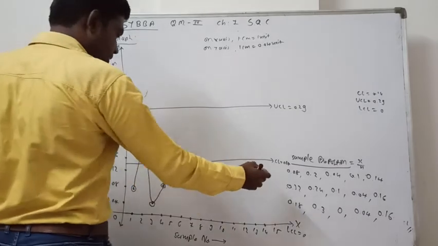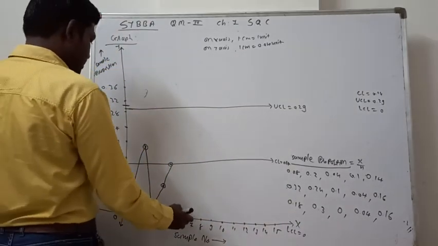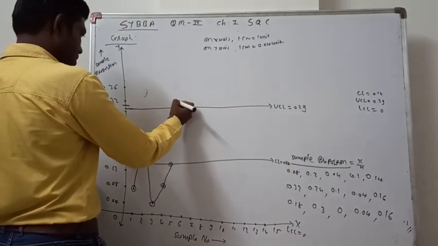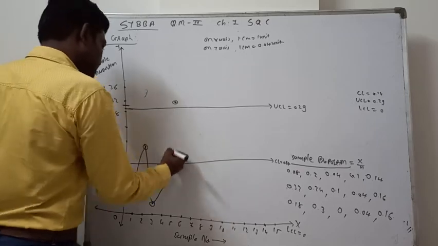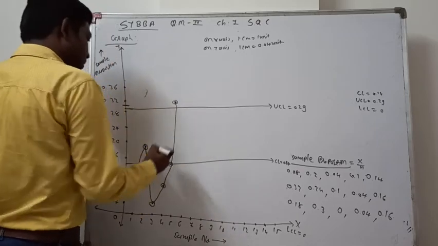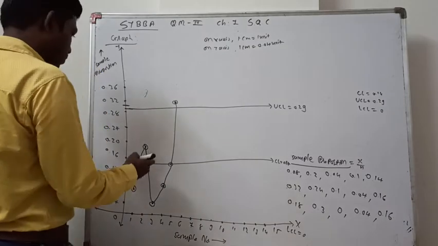Next 0.32. Now sixth one 0.32 means over here. Next 0.24.